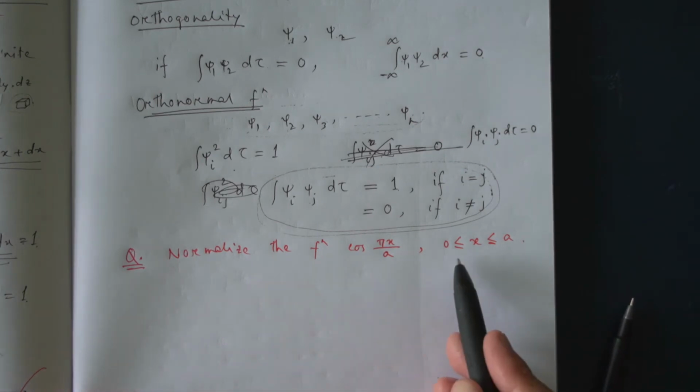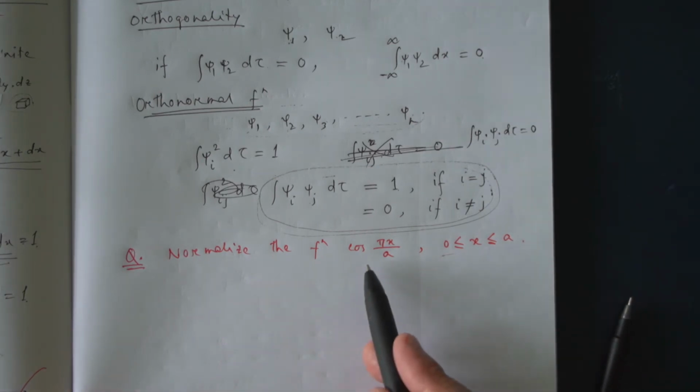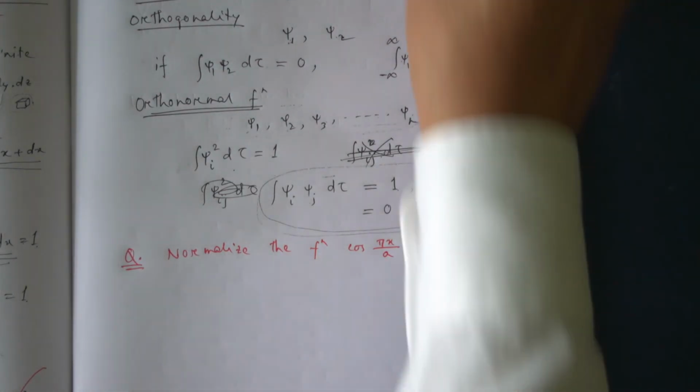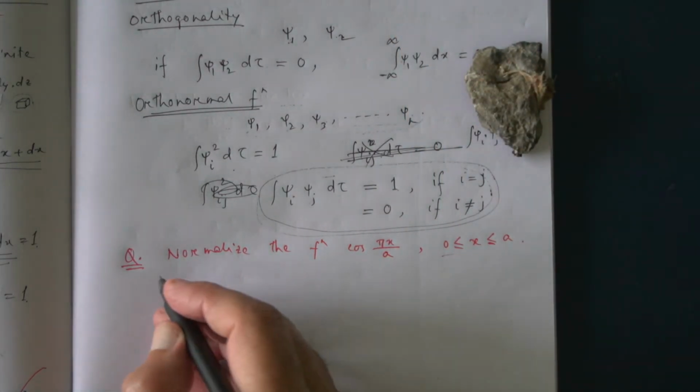So within this range we have to normalize this function. So how to do this?